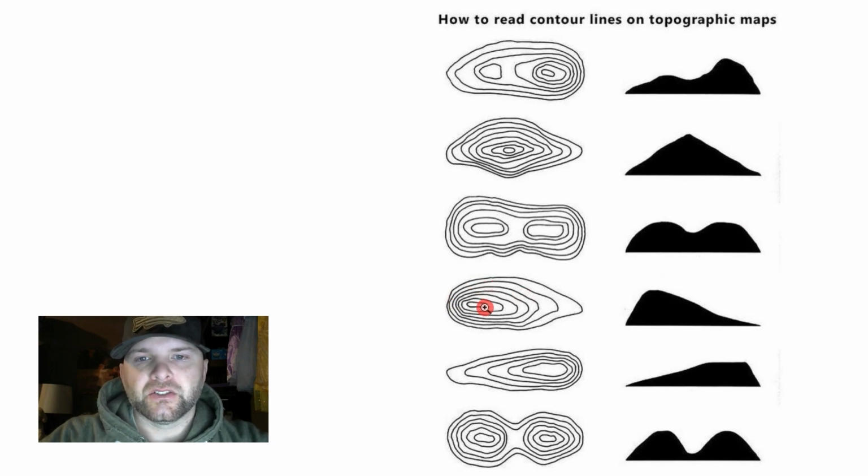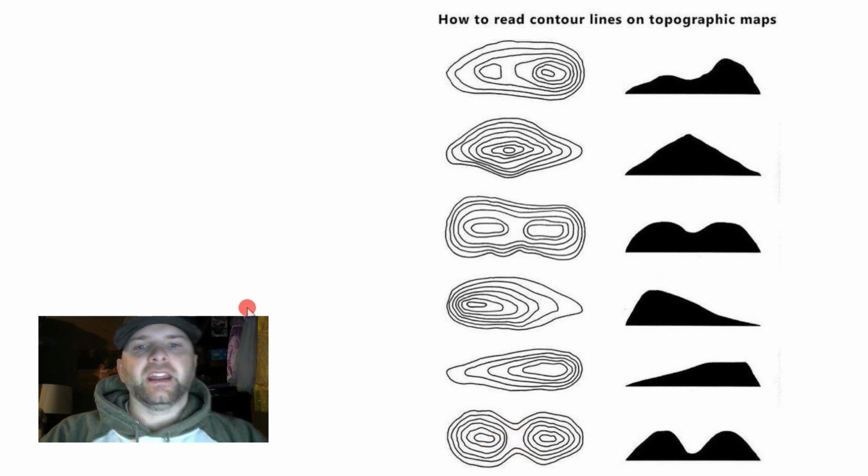And then again, just like that first demonstration, instead of having a high point on the right side, you have a high point on the left side. Those contour lines are closer together, more sloping as you spread out to the right. Same thing in visual 4, and then just like in visual 3, you have basically two high spots with a little saddle in the middle.